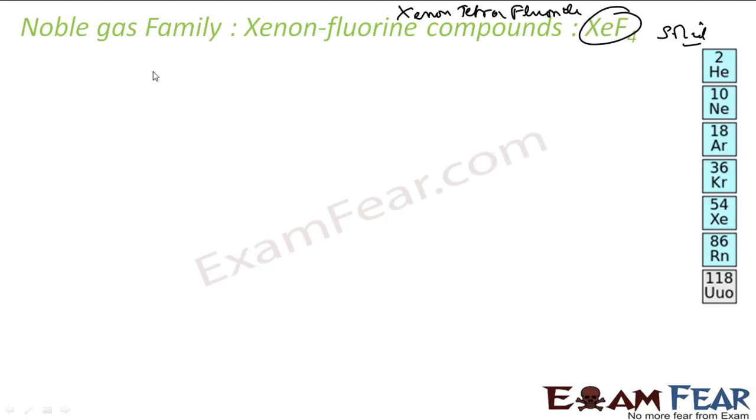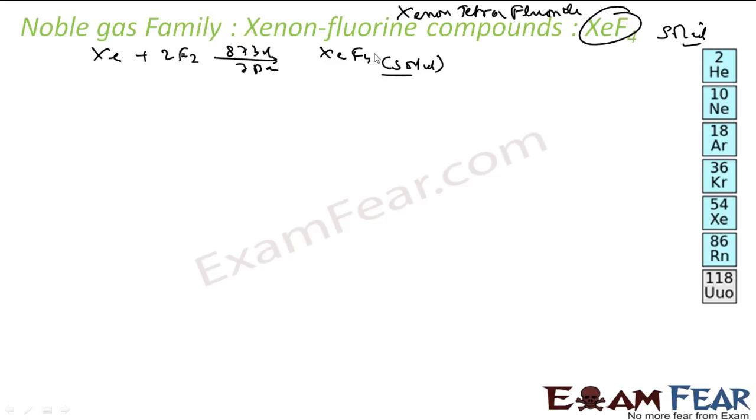One method we just discussed: you take xenon and fluorine in the ratio 1:5 and heat at a high temperature and some 7 bar pressure, and you get XeF4. Let me write the equation. At almost 873 K and 7 bar pressure, you get XeF4, which is a solid, and this happens in a sealed nickel container.